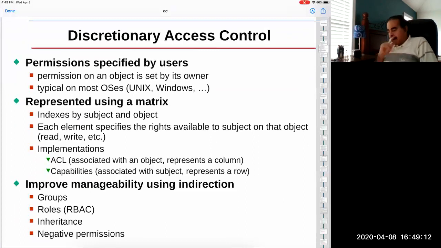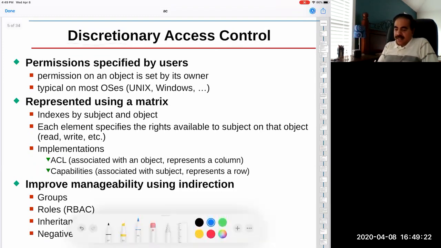The kind of file permissions that we are all familiar with is called discretionary access control, okay? Discretionary, the keyword is discretion. Basically, what we are saying is that the access control policies are at the discretion of the owner of a particular object.